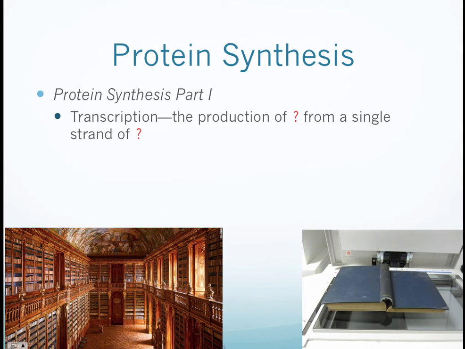So let's start off with protein synthesis. And the first phase of protein synthesis is transcription. So transcription is the production of RNA from a single strand of DNA. And I give you this example of a library and just photocopying one book. And if you think about all of these textbooks, okay, you line them up directly next to each other.